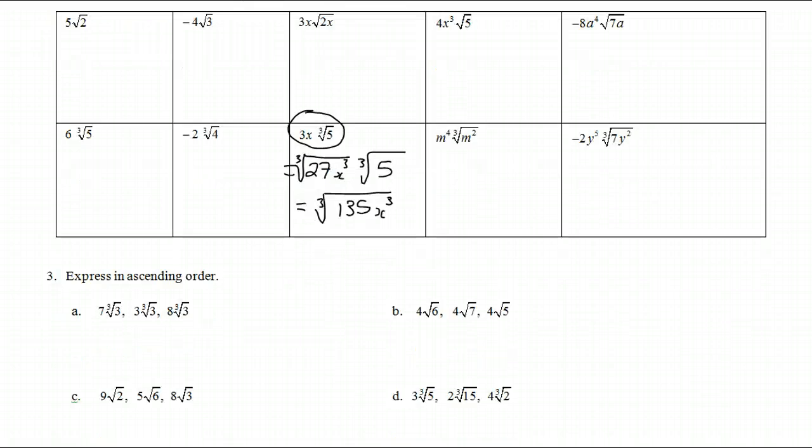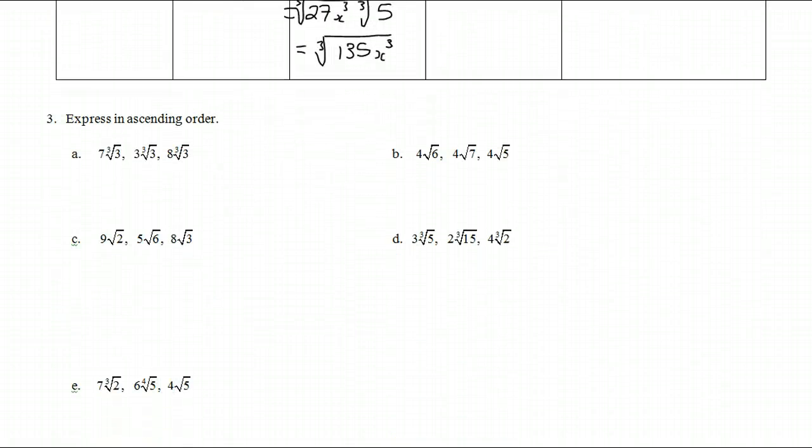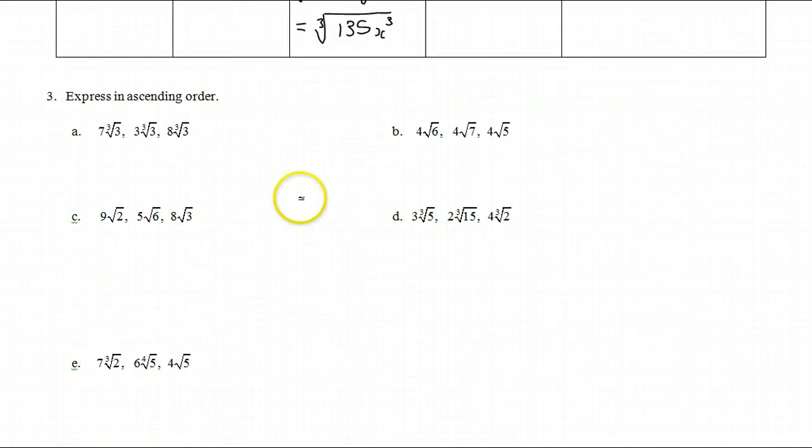To express these in ascending order, that is from smallest to largest, what you need to do is take each of these mixed radicals and express them as entire radicals. So for example, the 7, to put it under a cube root sign, I'm going to have to cube it.